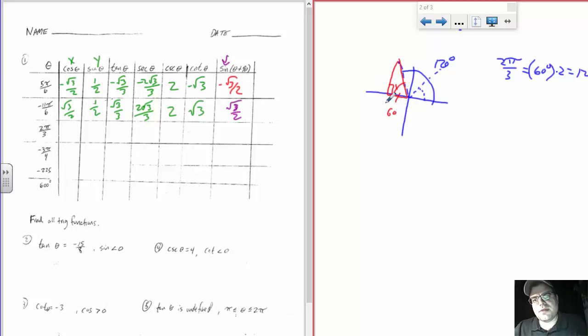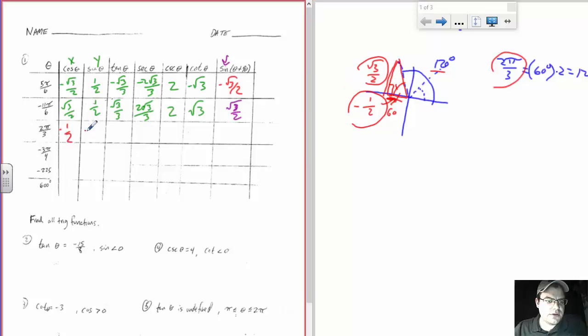So I know this side right here and this side right here, based on my special triangle: this is root 3 over 2, just like the previous problem, and this side right here is negative 1/2. That's going to go right there. This is your cosine and this is your sine of this angle, which is the same thing as 2 pi over 3. So the cosine is negative 1/2. The sine is root 3 over 2.